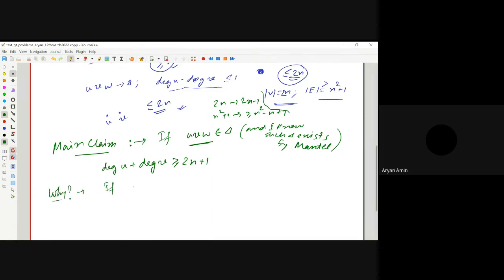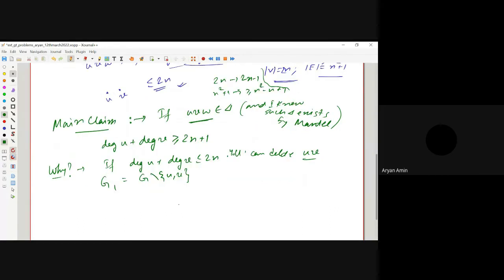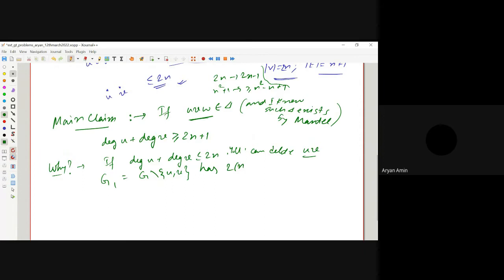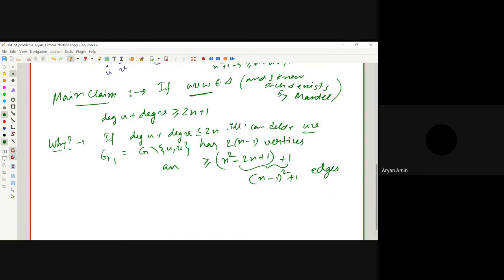Because if the degree sum was at most 2n, you can delete U and V. The resulting graph, suppose G1, has 2 times n minus 1 vertices, and at least n squared minus 2n plus 1, that is (n minus 1) whole squared plus 1 edges. So you can carry out an induction on this.